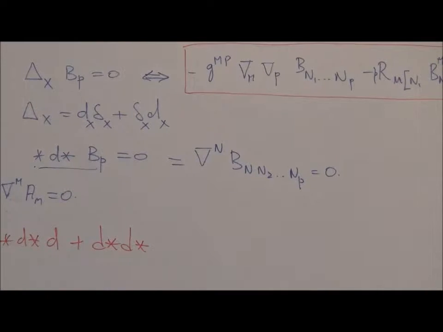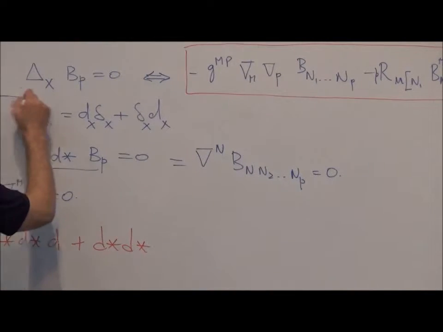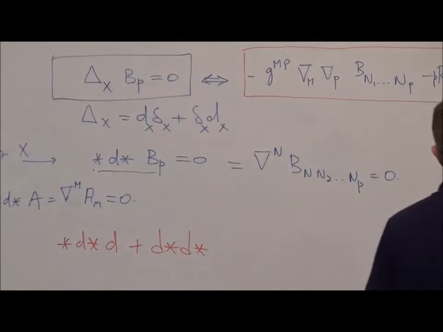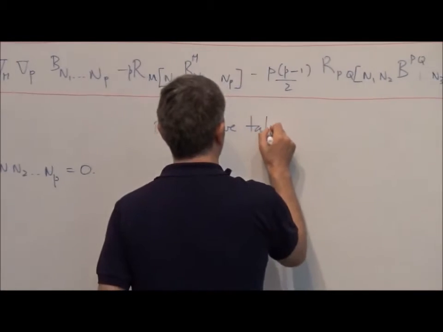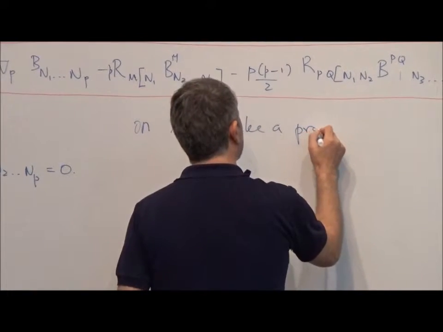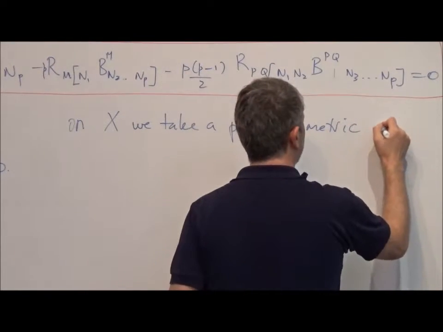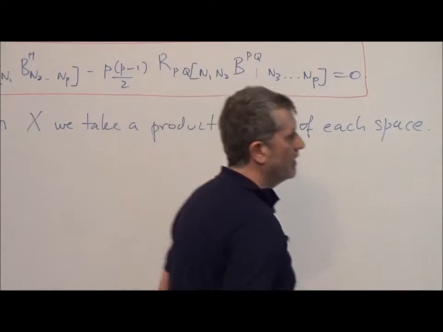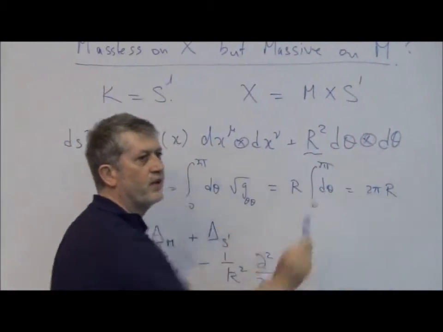All right. Now, as before, so we're dealing with this. As before, I want to take a metric. So on x, we take a product metric of each space. So basically what I mean by that is exactly what I meant by this. That is, I get some metric which only knows about the first space and some metric which only knows about the second space.